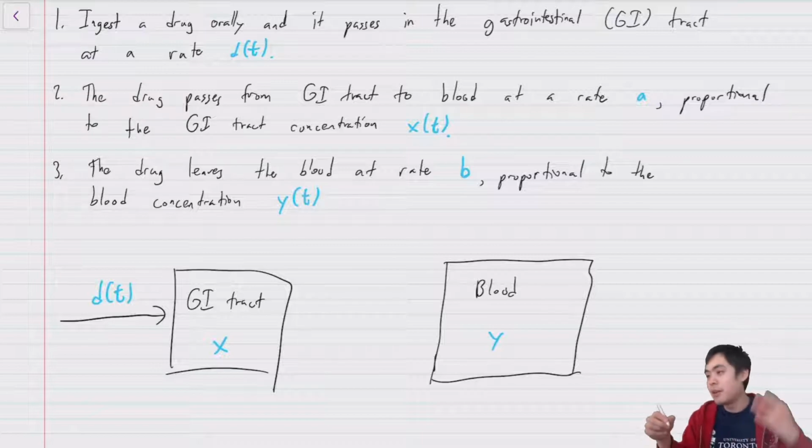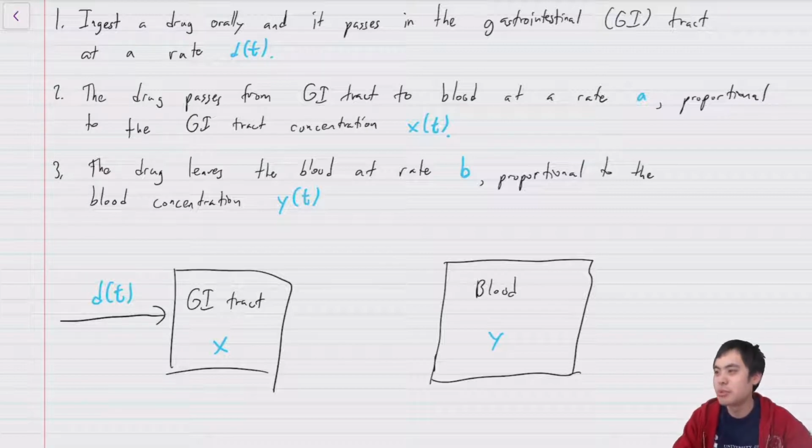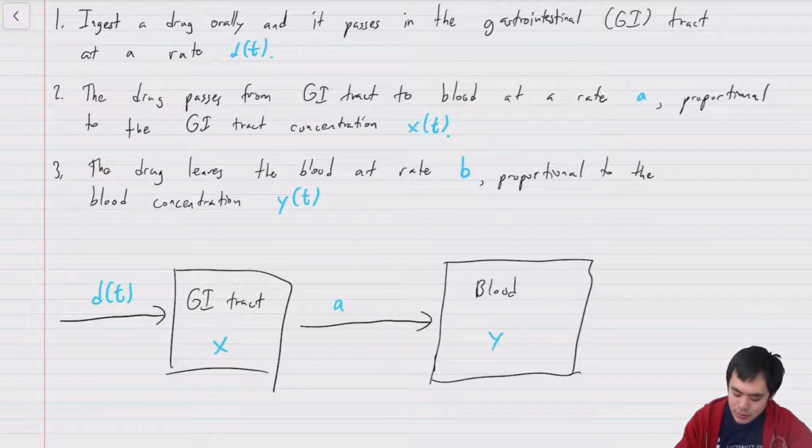So at any time, you have some amount that's passing into the GI tract, and we're not going to assume it's a continuous function. We're going to assume it's some function of time. And we have some amount going from the GI tract to the blood. So this is going to be some amount A times X of t. And then we have some amount that's leaving the blood, which is going to be B times Y of t.